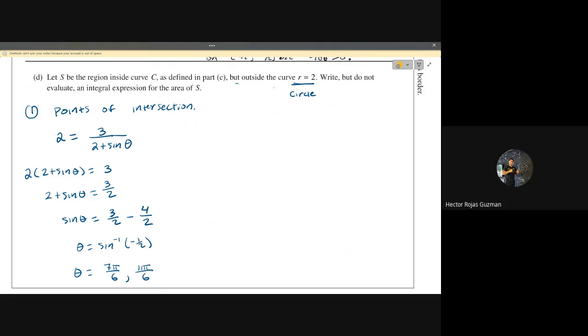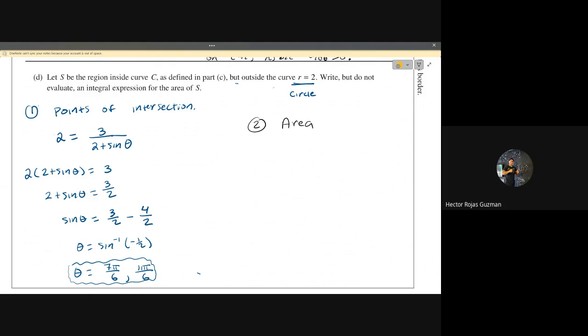And that's good because those points, if you think about the unit circle, are here and here. And that looks pretty similar to where the graphs intersect. So that's a good indication that we got the correct critical points. Now we have to find the area.